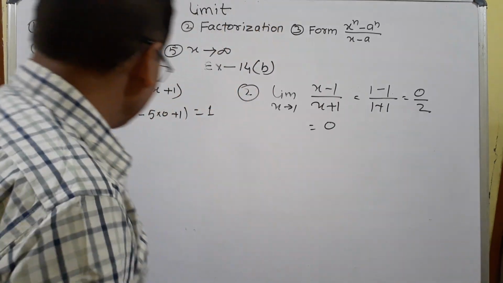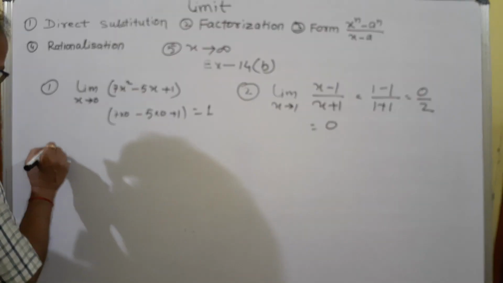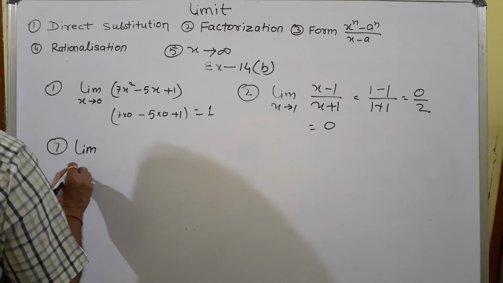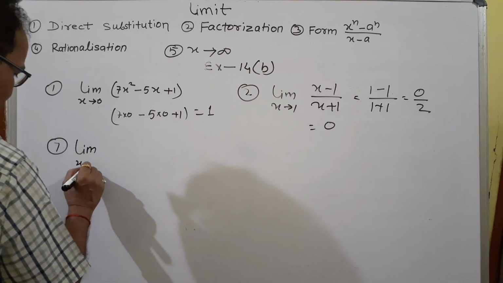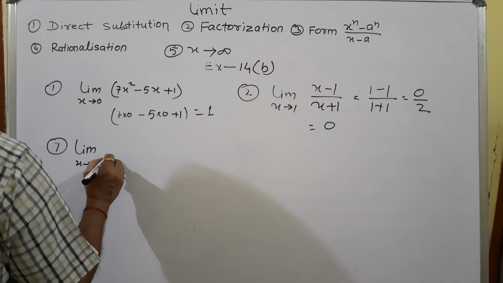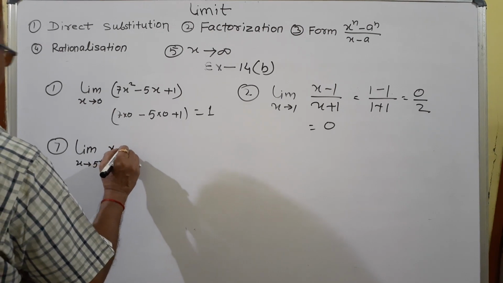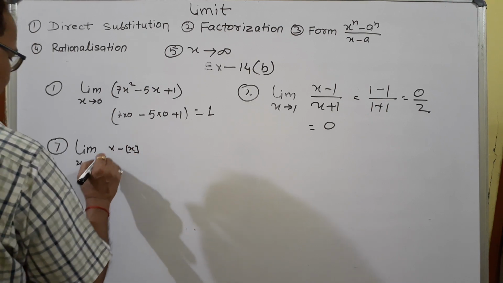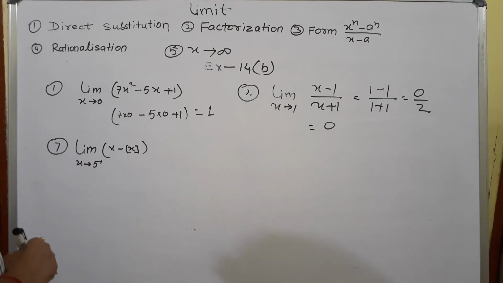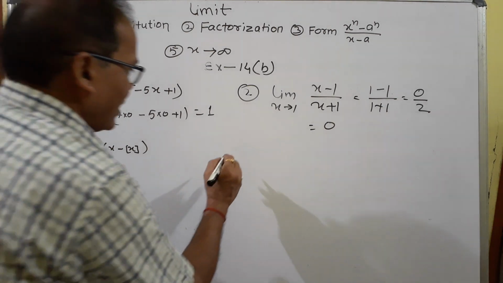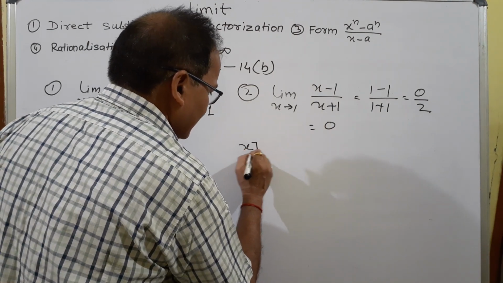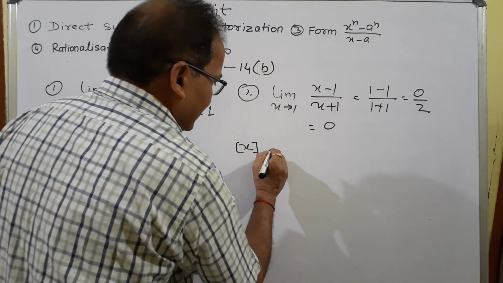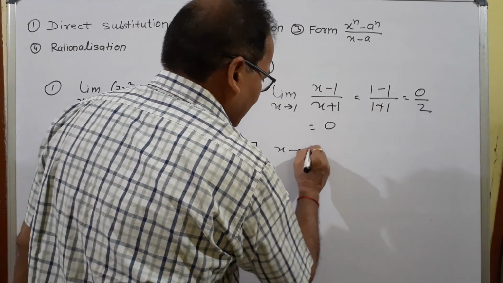Question number 7 is limit x tends to 5 plus, x minus the integer part of x. For that you should know the meaning of x tends to 5. If x tends to 5 plus, it means x is more than 5.